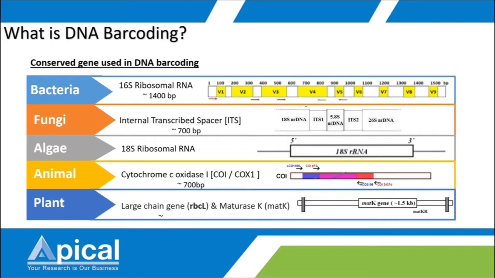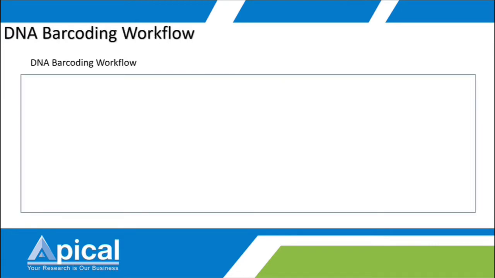It is the one that carries the information that you want, and that's why you want to get the information from this gDNA, right? Okay, so here is the workflow for DNA barcoding. There are 5 steps involved. First will be the collection of raw sample.